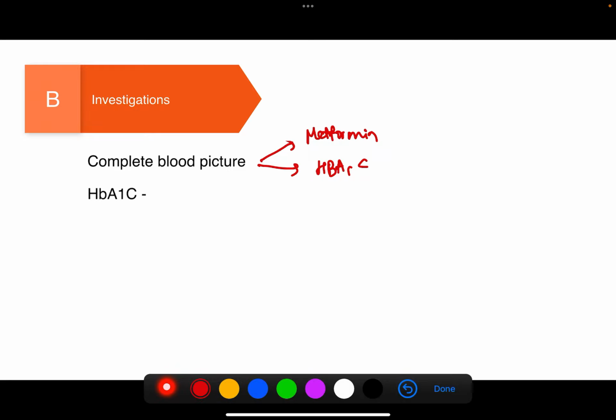Then HbA1c. So this is very important. It will give you the glycemic control of the patient for around 90 days. Some references say 120 days, some references say 6 to 8 weeks, but most of the references say 90 days. That is why I have told you 90 days. So it will be done during every first visit.